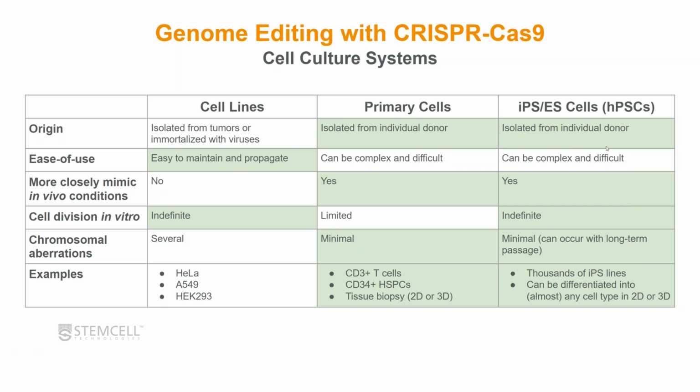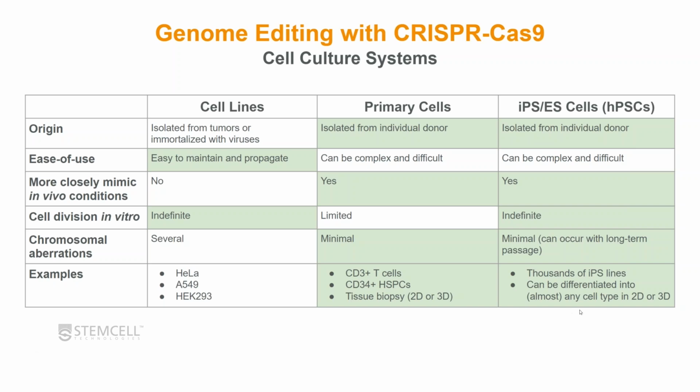They can be isolated from individual donors, either skin cells, blood cells, etc., and then reprogrammed into stem cells. And because they are now pluripotent stem cells, they exhibit indefinite cell division in vitro. Since they come from human donors, they also closely mimic in vivo conditions. And they can exhibit most of the time very few chromosomal aberrations. However, some chromosomal aberrations can occur with long-term passage, and I'm going to touch upon this point in subsequent slides.